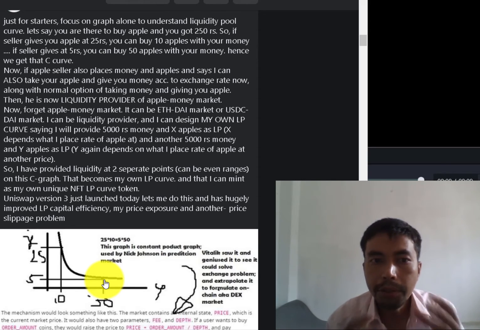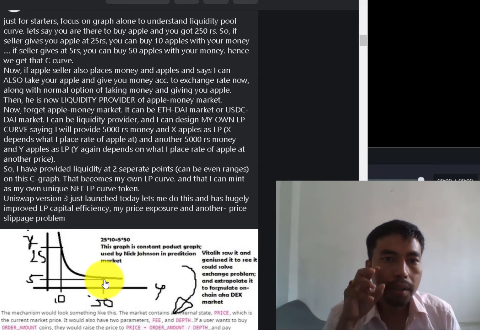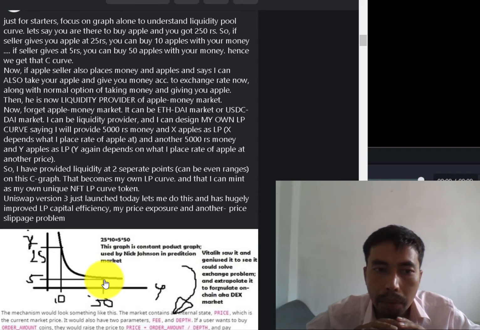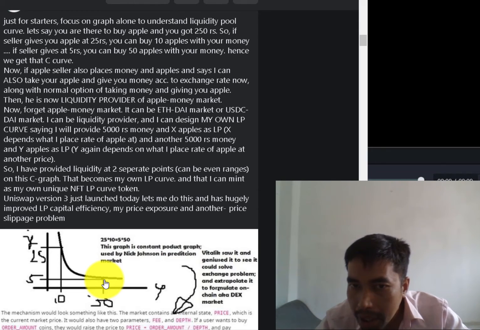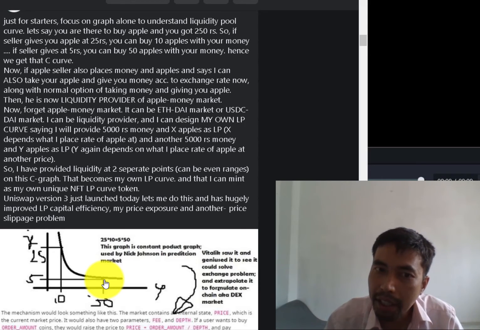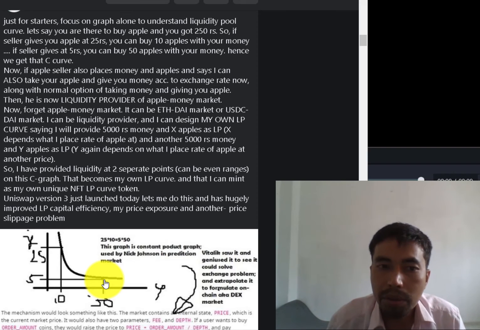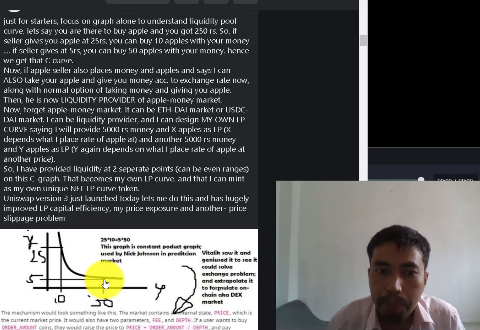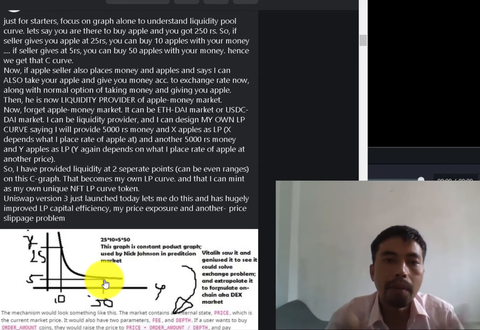Earlier in UniSwap V2, you could provide the liquidity pool only at the points which are within the current trading exchange rate, but UniSwap V3 offers you flexibility by giving you the option to place the liquidity pool points according to your own maths.